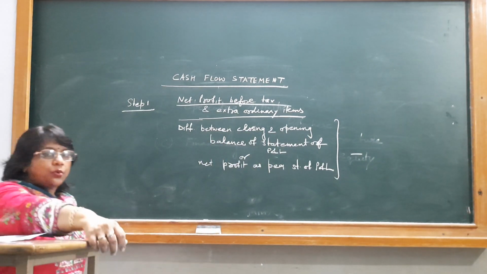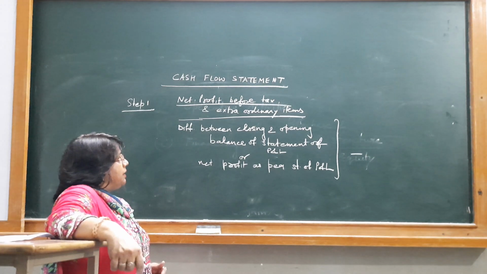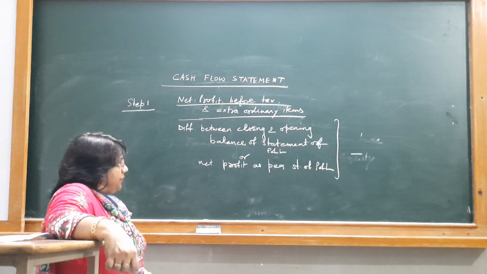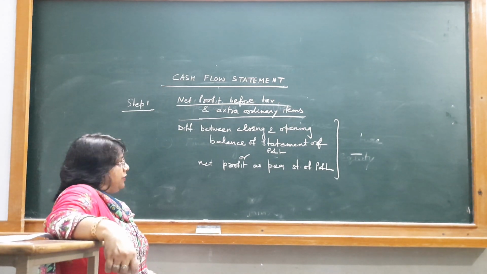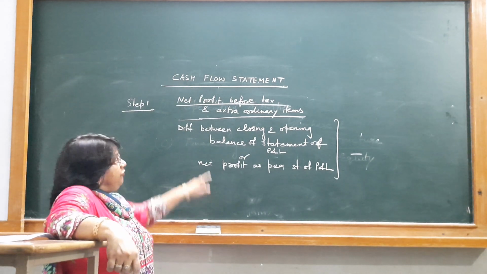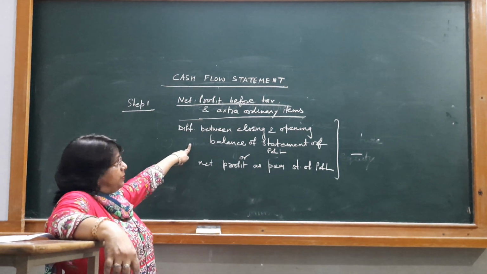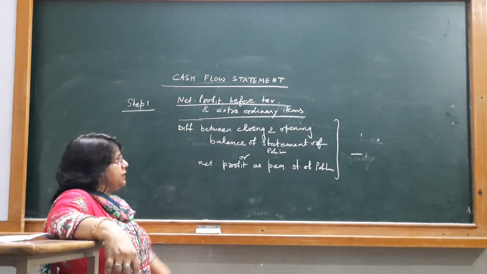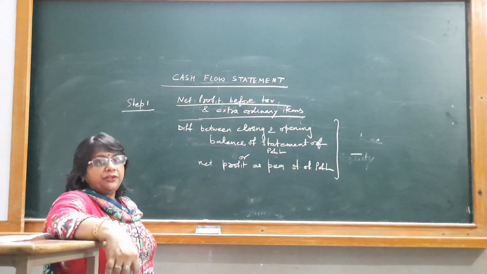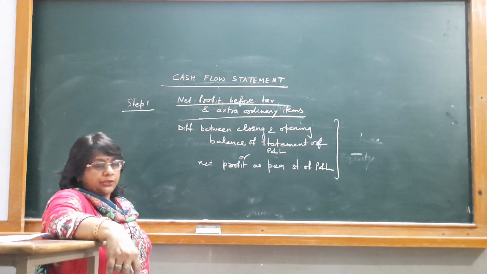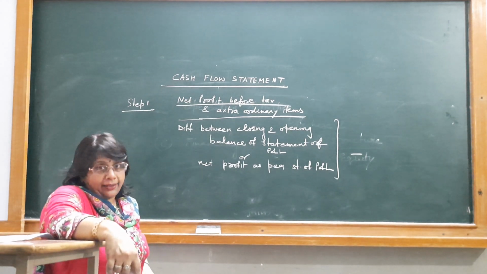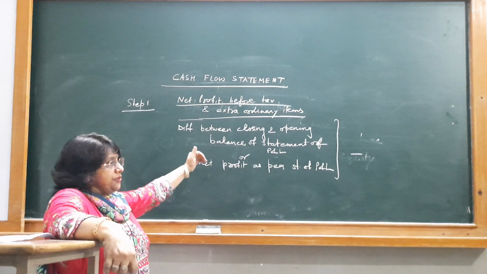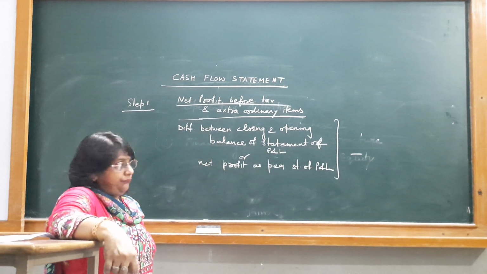Look, in this question either you are provided with a comparative balance sheet or a statement of P&L. If you are provided with a comparative balance sheet, you will be given the closing and opening balance of your statement of P&L, so you have to take the difference of that. You have to start the question from that very point.